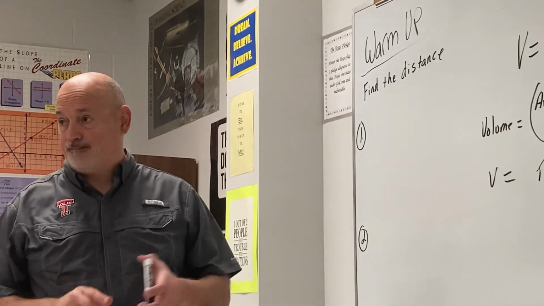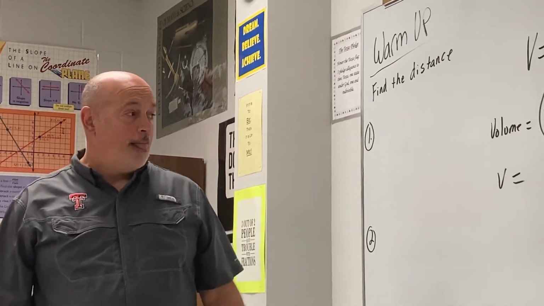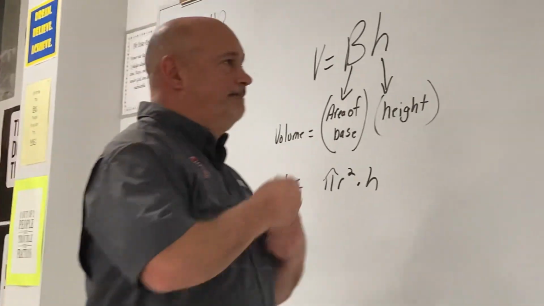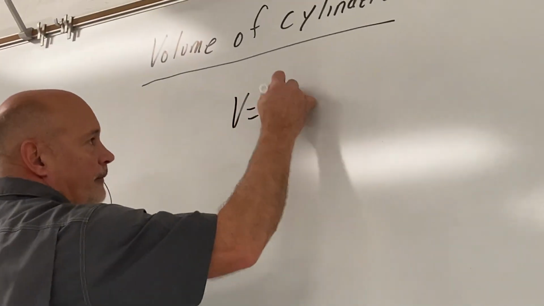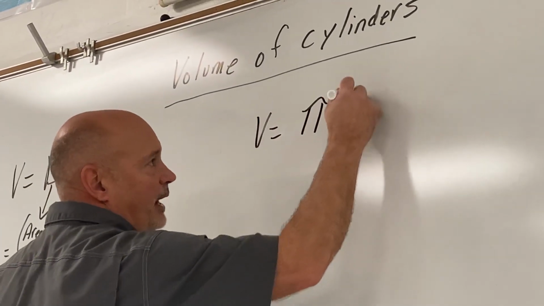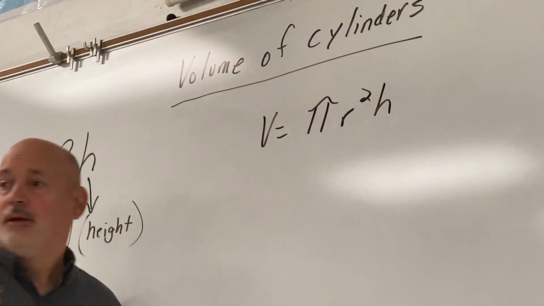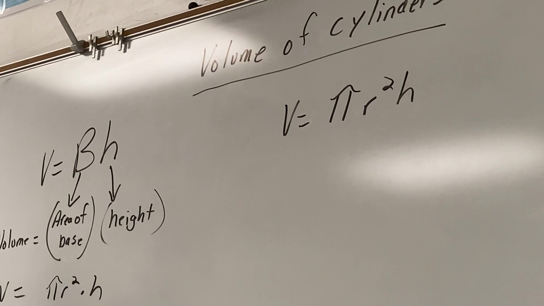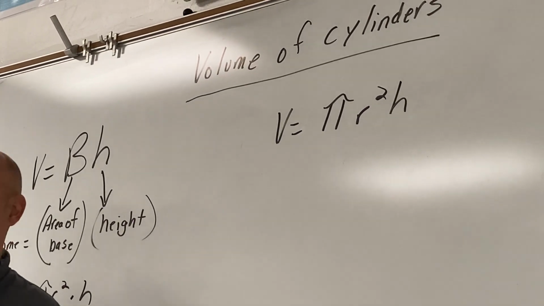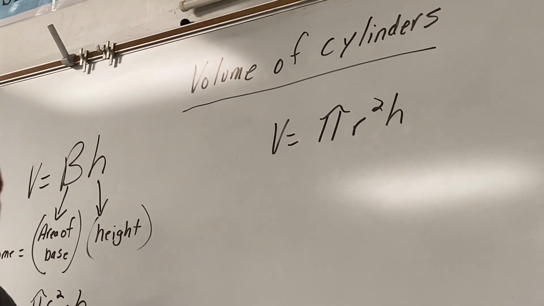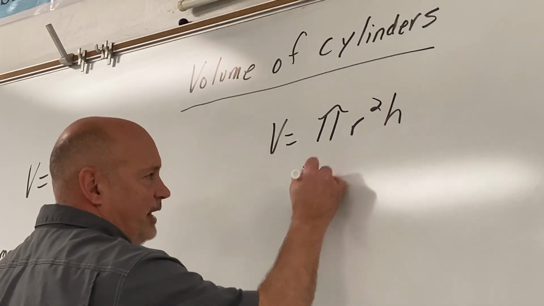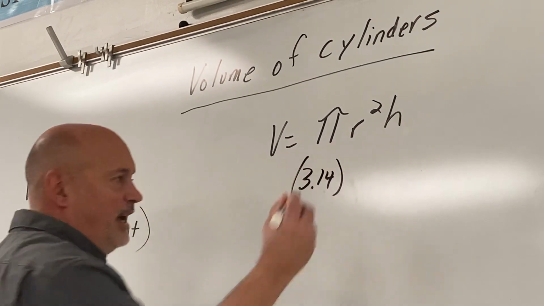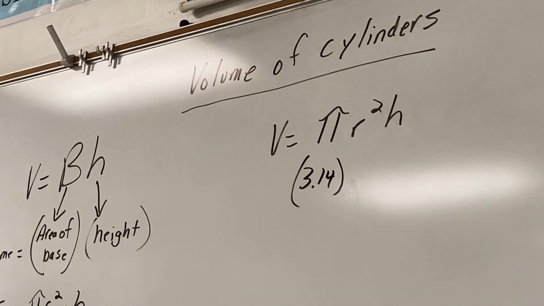Question so far. All right, let's talk about pi for a minute. What number is pi? 3.14159, blah, blah. It keeps going, doesn't it? But what number do we usually use when we talk about pi? 3.14. We abbreviate it, or we truncate it to 3.14. So today, always use 3.14.